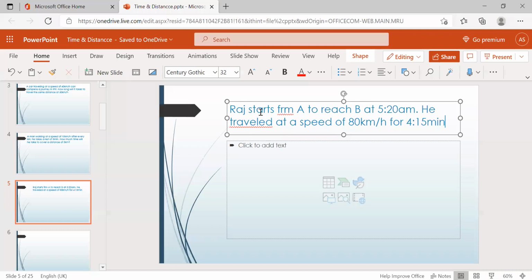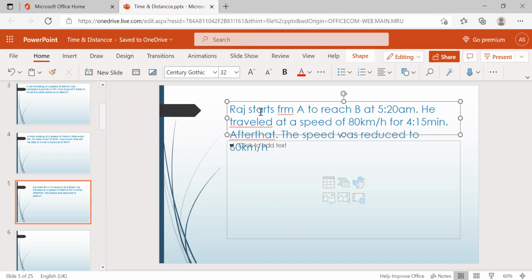After that, the speed was reduced to 60 kilometers per hour.